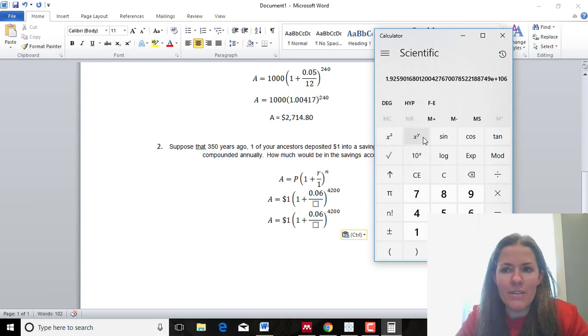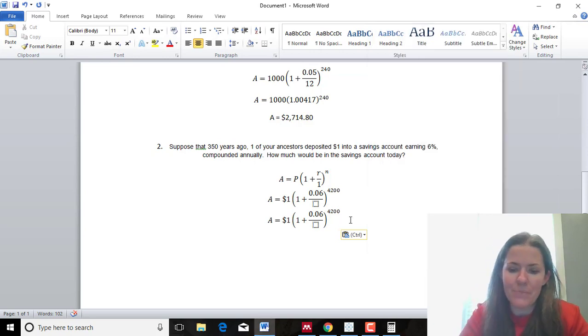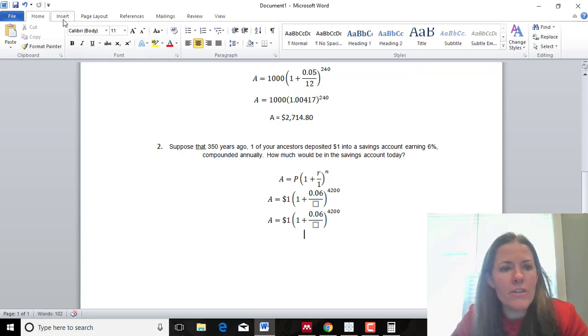Holy crap. Whoa. Okay, this is really cool. All right, and then I have to multiply by 1 on the outside, but y'all know if I multiply by 1, it's the same thing. So I get this answer. It says 1.92, all these numbers, e to the 106. So what does that mean? So it's 1.92, let me get my equation editor again.